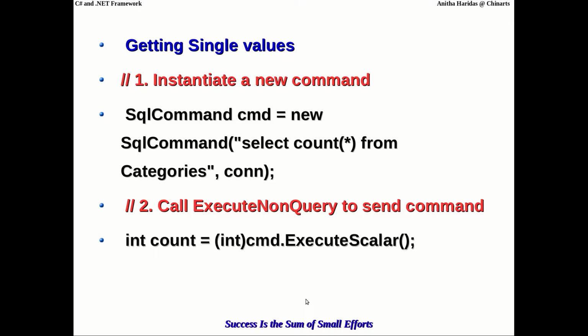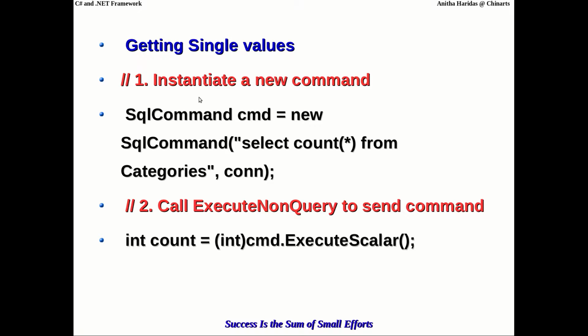Now, suppose you want scalar values, right? Obviously, when you have studied your database, PostgreSQL database manipulation, you might have studied how to retrieve scalar values, single values also, right? So even if you are going to use something like count, max, min, all these scalar values you can retrieve using these commands.